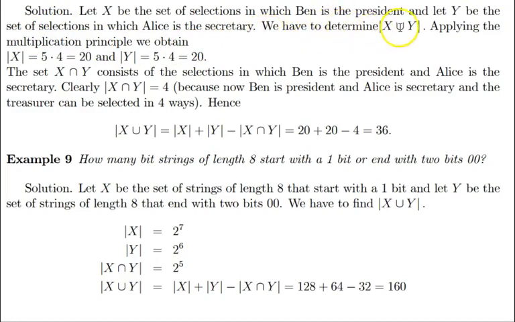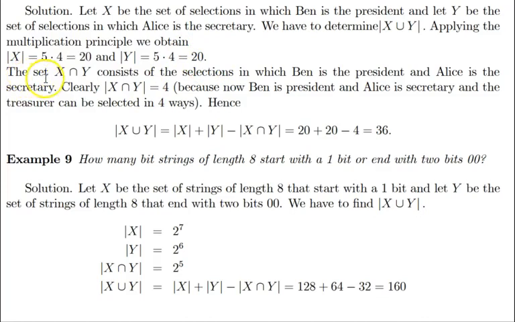We have to determine the cardinality of the union. Applying the multiplication principle, we obtain that the cardinality of x is 5 times 4, 20, and the cardinality of y is 5 times 4, 20. We did such count in previous problems.